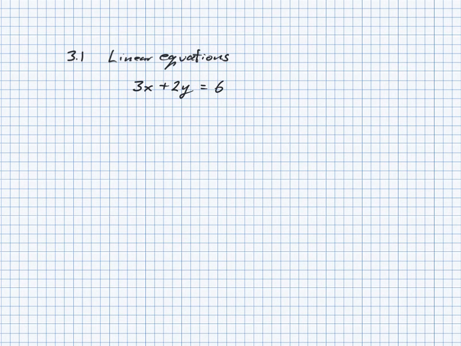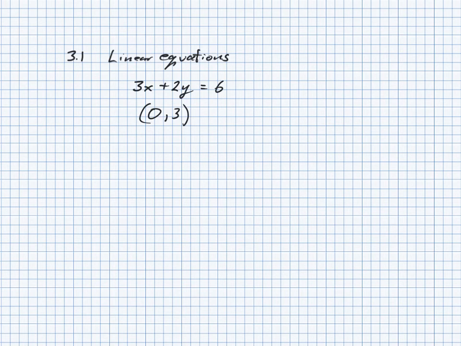One of the things that we had to do in chapter 3, section 1, was to be able to figure out which points might work in these equations. So for example, in this equation, you might notice that if I plug in 0 for x and a 3 for y, I have a point that solves this equation.